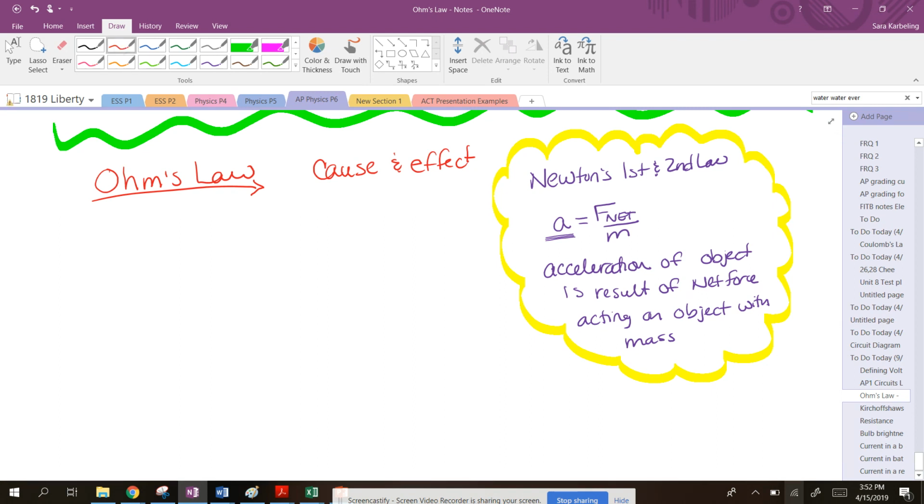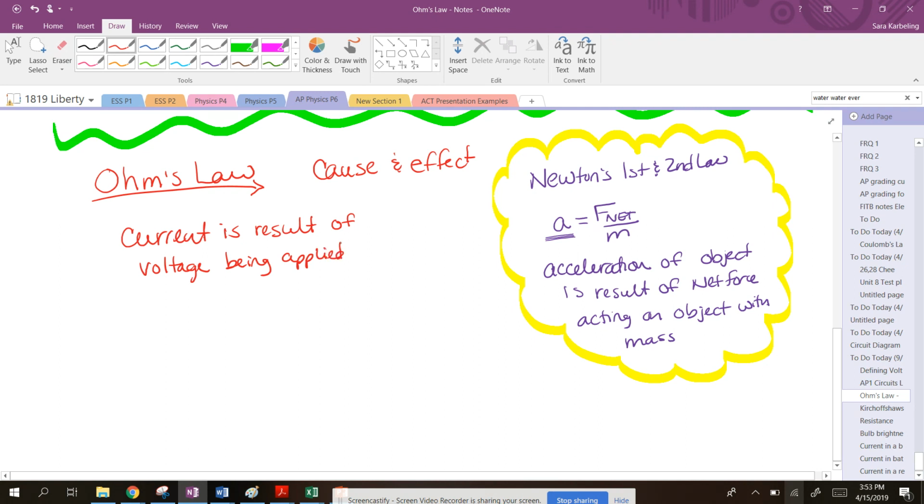So in the same way, the current is determined or is the result of a voltage being applied over a material with a resistance.